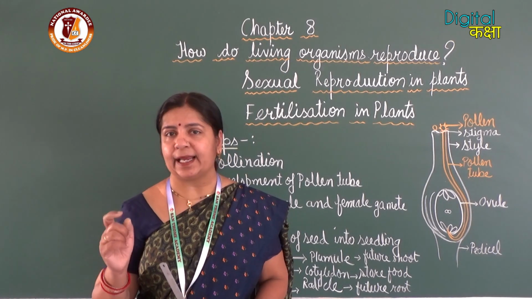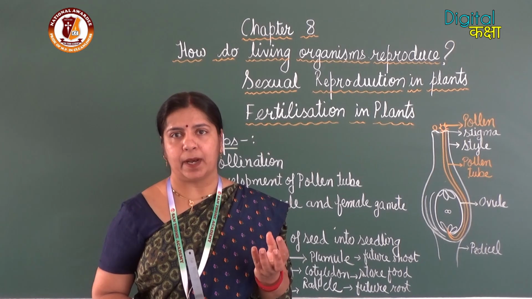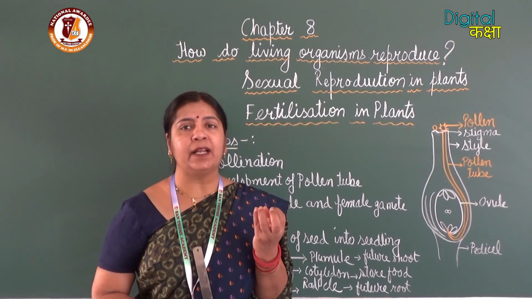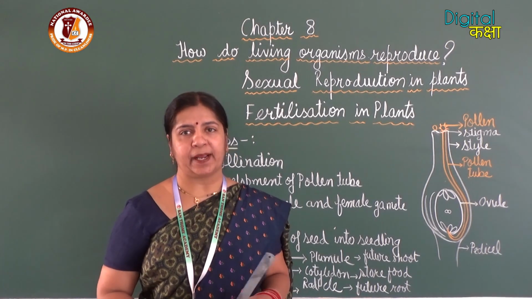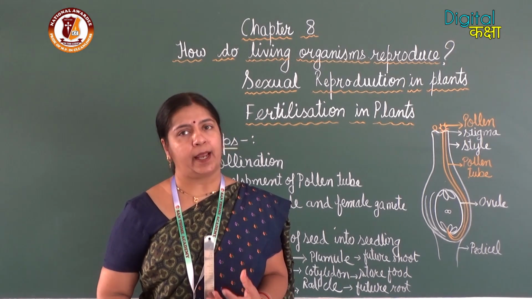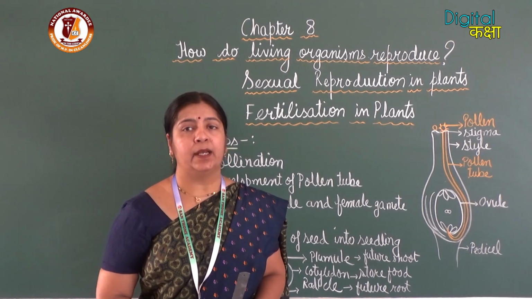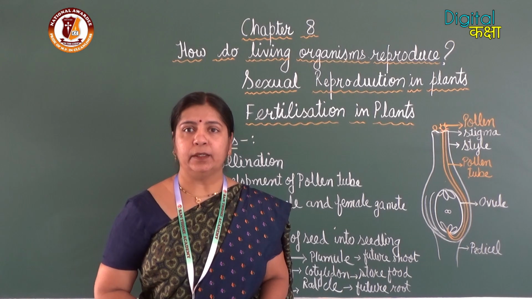Stigma is sticky in nature. So, when pollen falls on stigma, stigma holds the pollen and it will lie there as long as the conditions become favorable. When enough moisture, air and warmth are available, germination of pollen will take place.